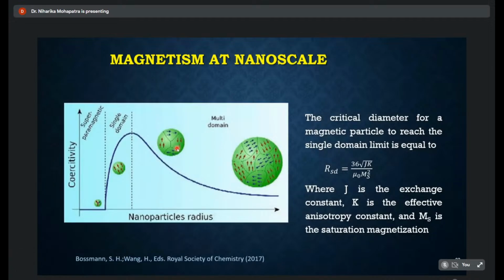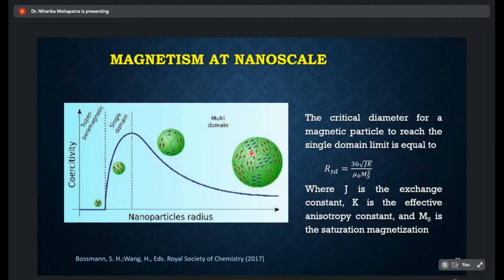So you keep on reducing. So what happens? Initially, domain size is decided by magnetocrystalline anisotropy and then your exchange energy and all that. So that is fixed for a particular material. The J is fixed, or the exchange energy is fixed, and the anisotropy energy is fixed.